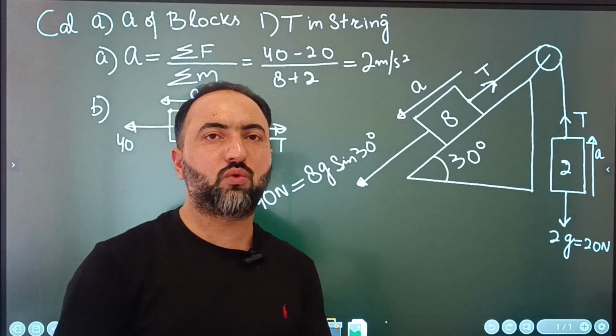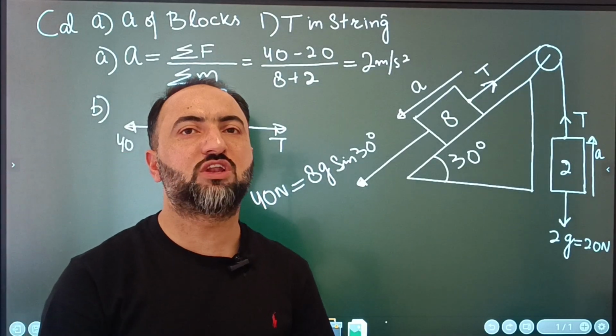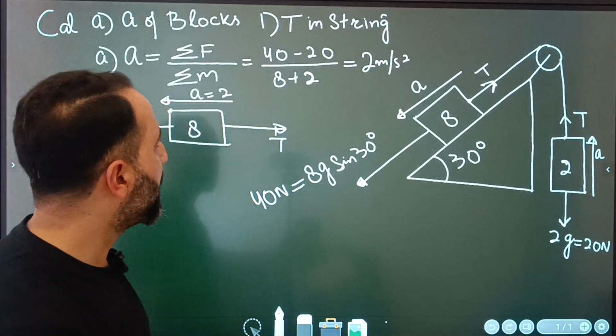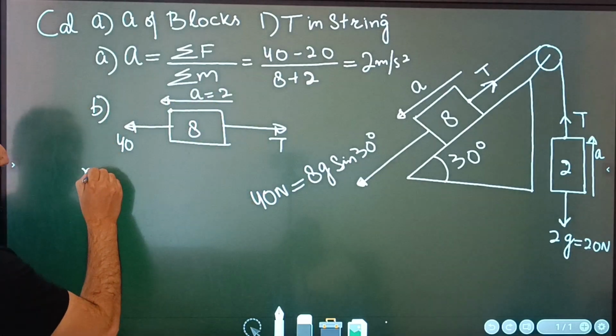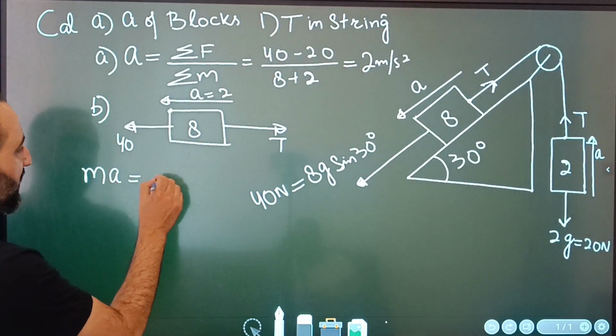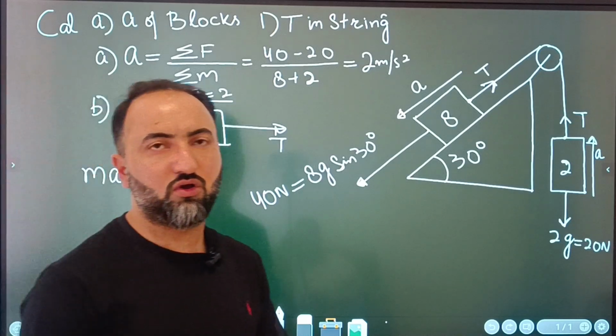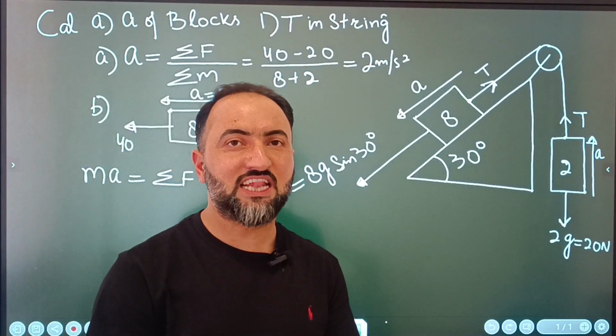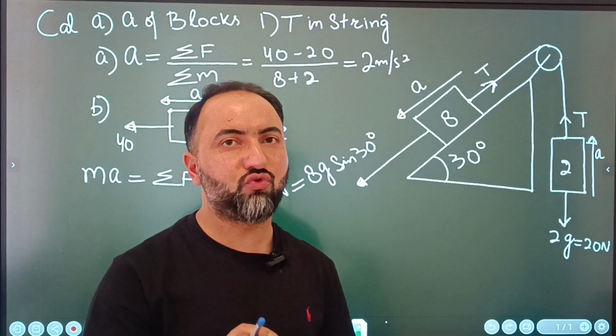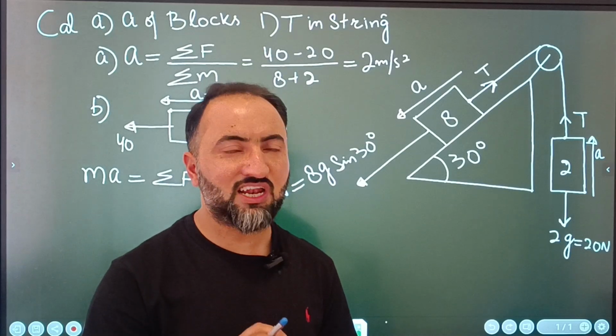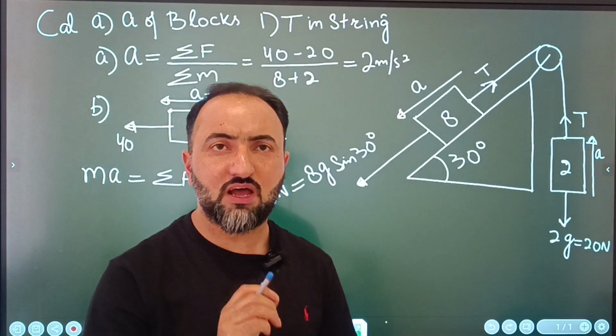Again, in order to calculate T, I will apply Newton's second law of motion. And here Newton's second law of motion is this: mass into acceleration of a system is equal to the sum of all the forces on the system, on this block. All right, then I will take that force positive which is in the direction of acceleration, and that force negative which is opposite to it.